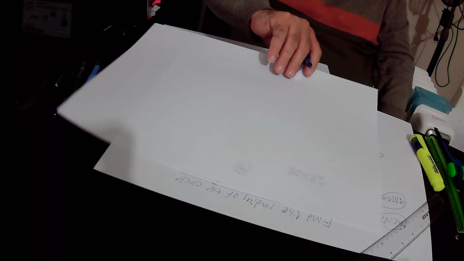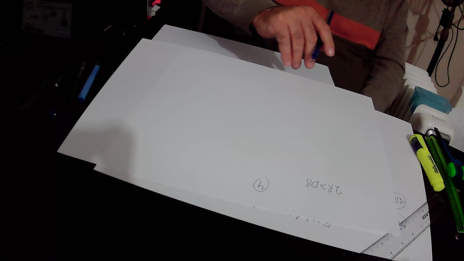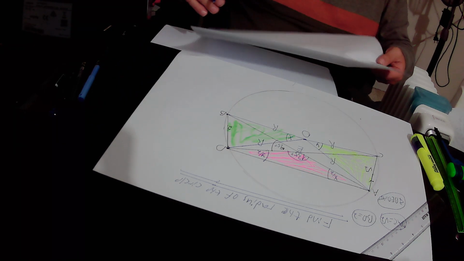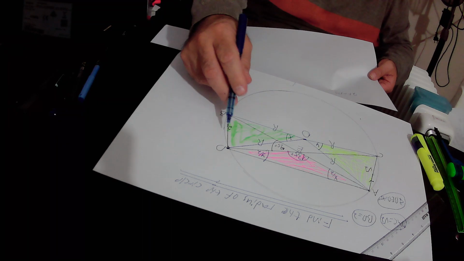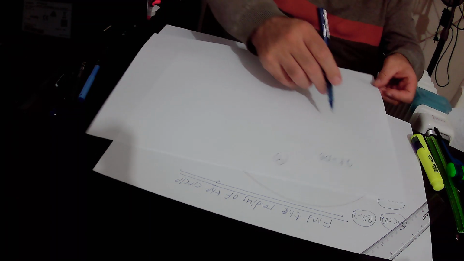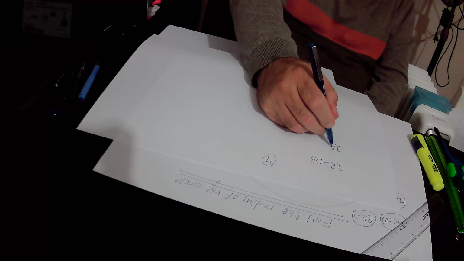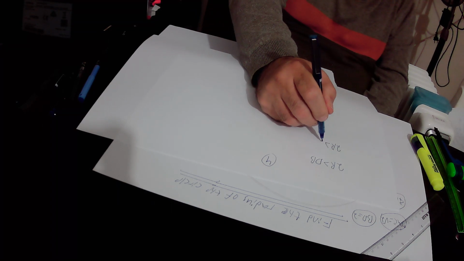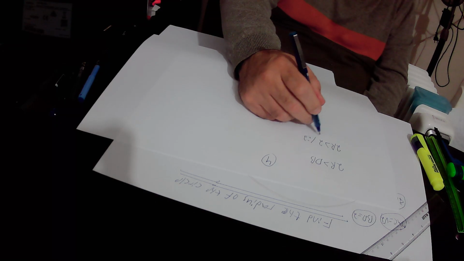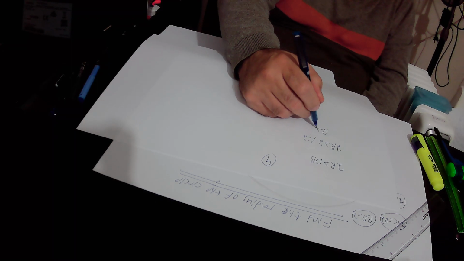It is given in the question that dB equals 2 units. Therefore, we substitute dB by 2, and we get that 2r is greater than 2. We divide this equation by 2, and we get that r is greater than 1.